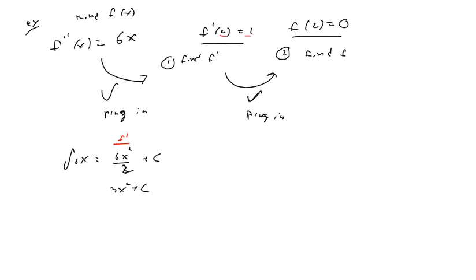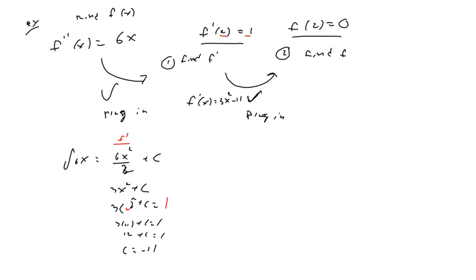So 3 times 2 squared plus c is going to equal a 1. That would be 3 times 4 plus c is 1. That's going to be 12 plus c is 1. That means c is negative 11. So f prime is 3x squared minus 11.